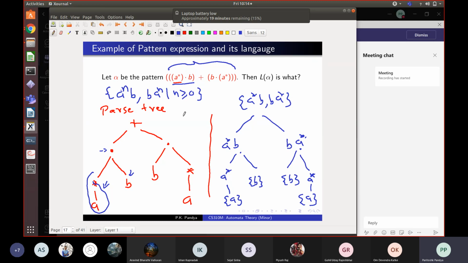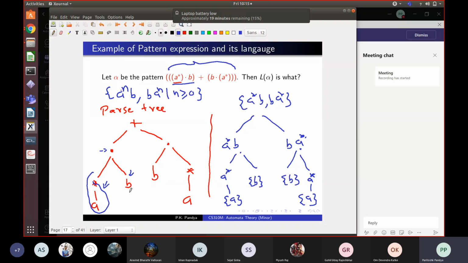And all programming languages have this structure. So your C programs have a parse tree, your Java programs have a parse tree, all your arithmetic expressions which are computed by Mathematica have a parse tree, and this idea of parse tree is very clear.